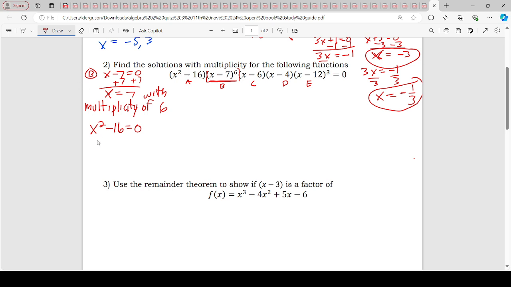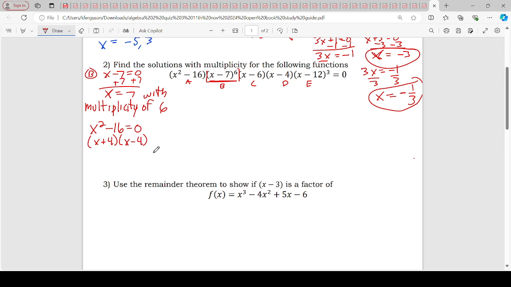Remember, difference is the answer to a subtraction problem. x to the second power is a perfect square because it's x times x. 16 is a perfect square because it's 4 times 4, right? So I can factor that to x plus 4 times x minus 4.